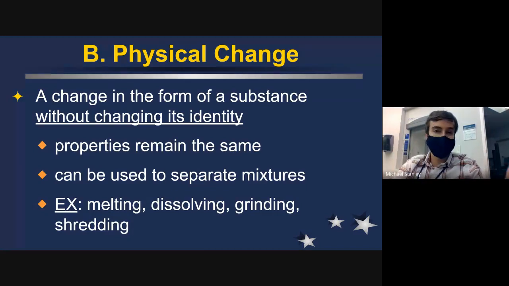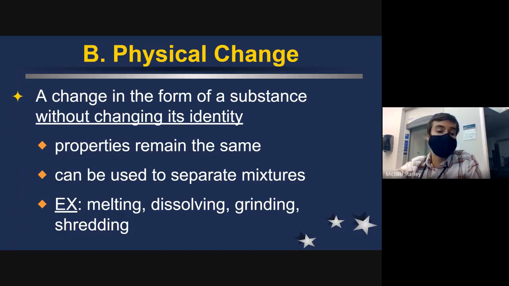Same thing with something as simple as an ice cube, right? If you take the frozen water that we call ice out of the freezer and put it on your countertop and leave it for like an hour, when you come back, you're going to see some liquid water on your countertop. It's still water. It's still the exact same chemical as it was before, the exact same matter that it was before.